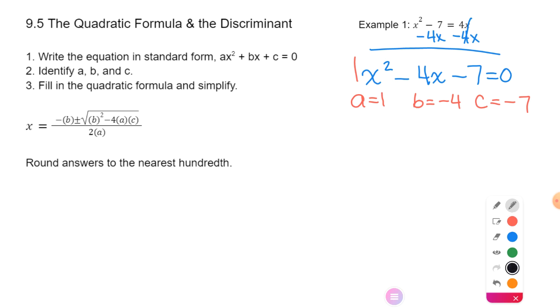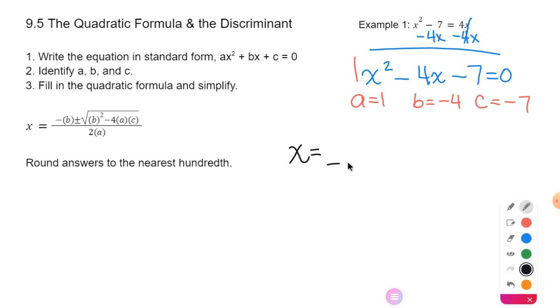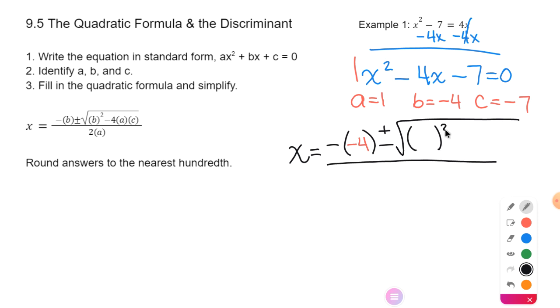Okay, I promise that formula is not as bad as it looks. So x equals, we have a big fraction, negative b, fill in my b value, negative 4, plus or minus the square root of b squared, my b is negative 4 still, minus 4, it's always 4, times a times c.